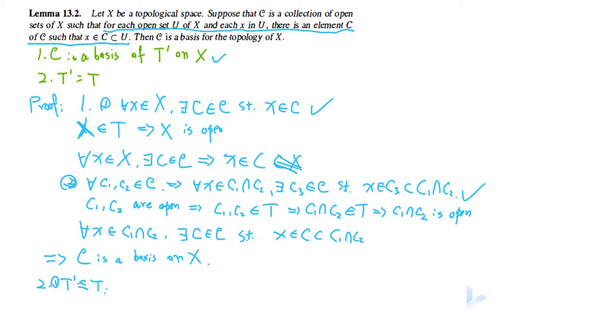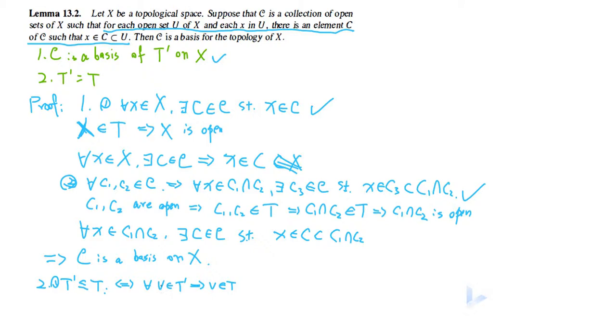In order to prove T prime is a subset of T, we need to prove that for any element, maybe we call it V, from T prime, V is also in T. Then we can say T prime is a subset of T. According to the results we got before, the elements of the topology are the unions of basis elements from the basis.